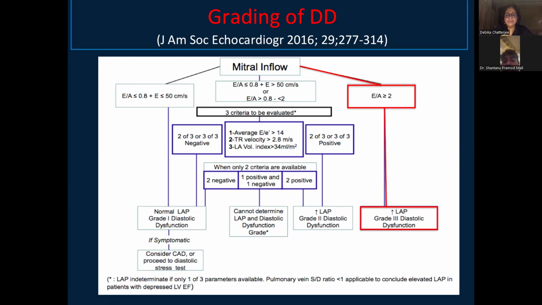So that gives rise to a very tall E and small A. So don't consider that this is applicable for a young individual where there is no myocardial disease. This is for a patient who is having myocardial disease with either normal or low EF. So E by A ratio of more than 2, you can say that it's grade 3 diastolic dysfunction with raised LV pressure.